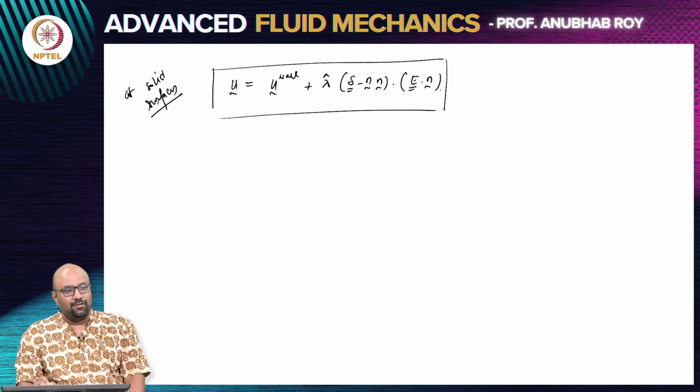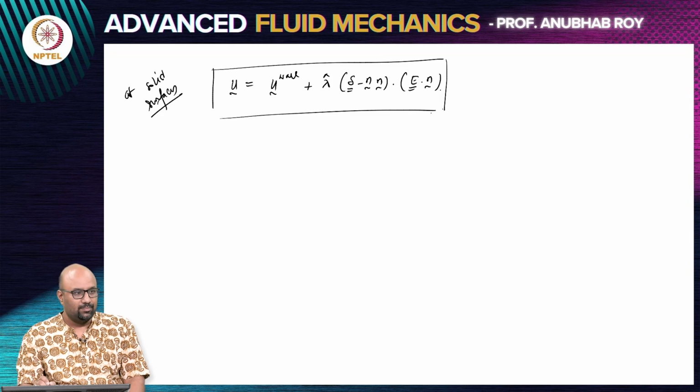In the limit of the slip length going to 0, you recover the boundary condition of no slip, no penetration. Otherwise, you will have no penetration, but the slip will be possible based on that value of slip length.